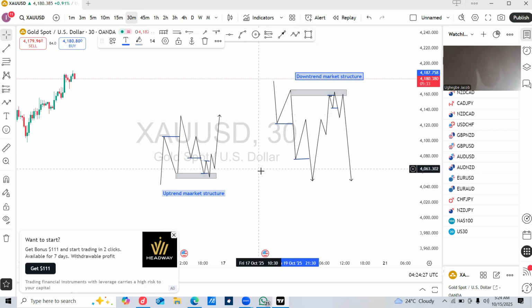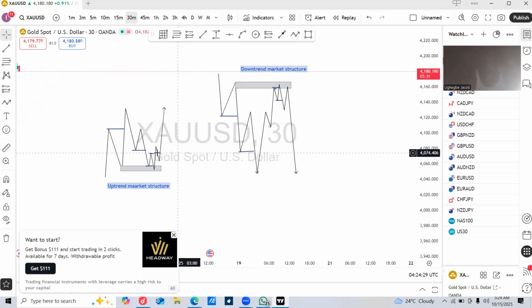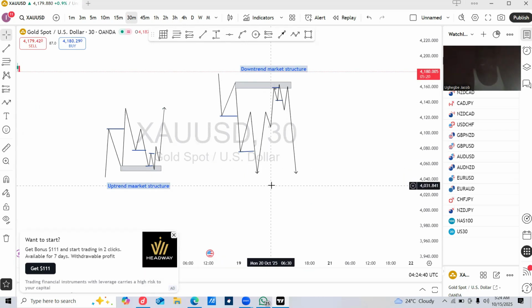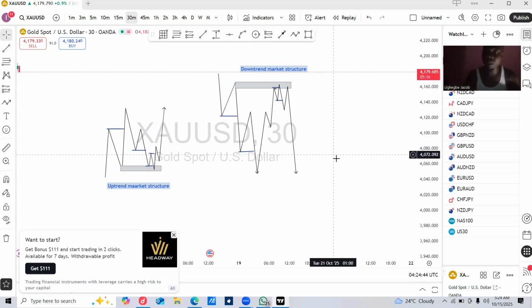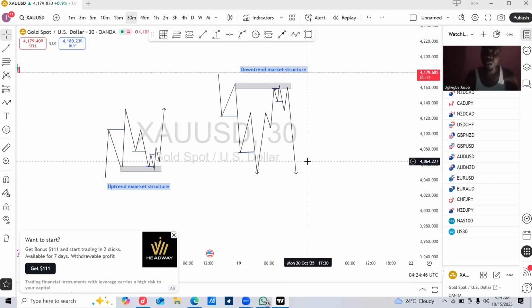Then in a ranging market, since we know that this is an uptrend market structure and this is a downtrend market structure, we'll talk about the three phases in the market, which are the uptrend, the downtrend, and the ranging market.